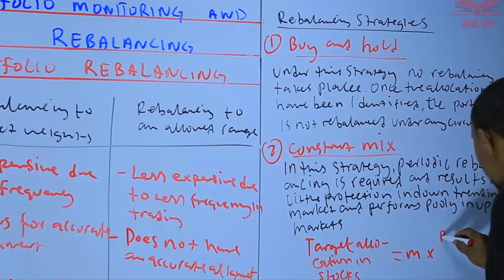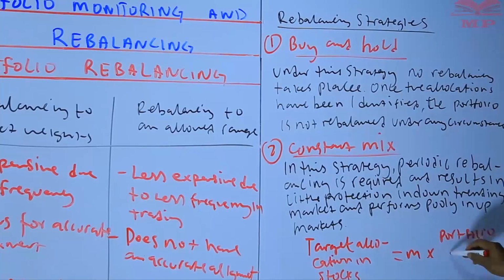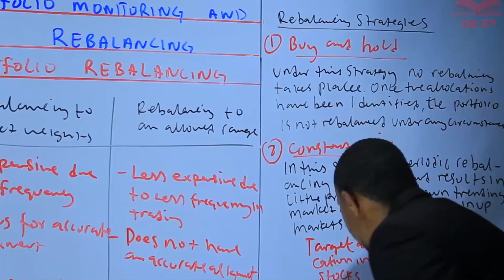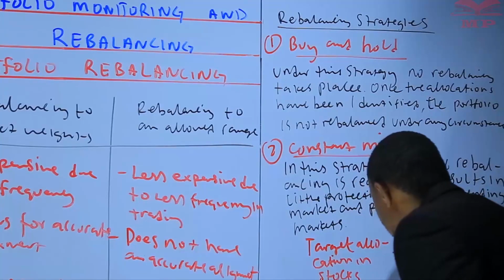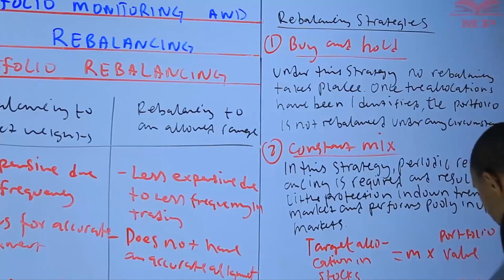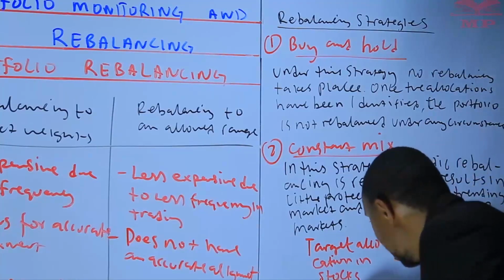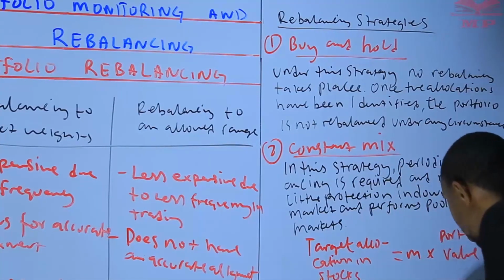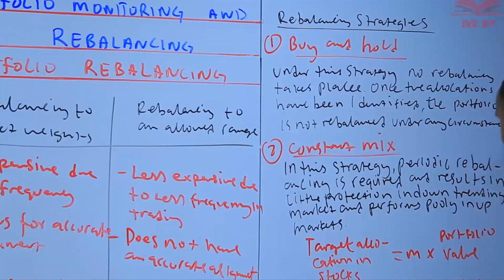And this M represents a constant of target stocks and lies between 0 and 1.